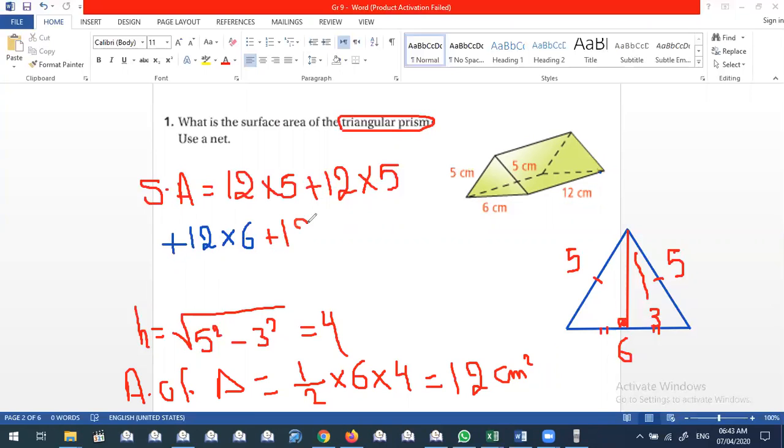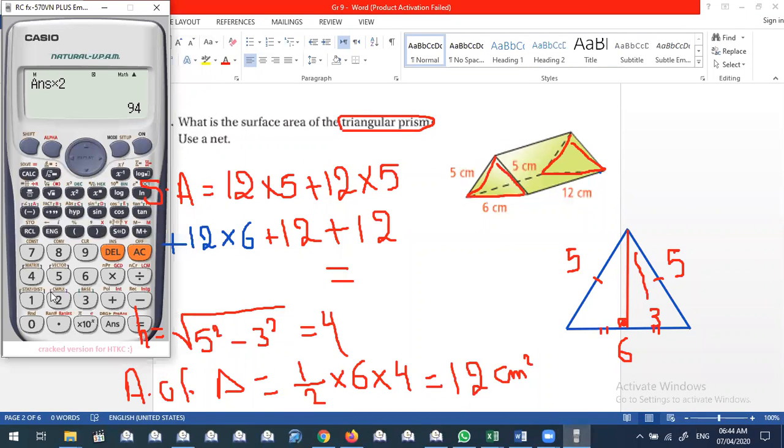Now we have the area of the triangle, so I will add it here: 12 plus 12 again, because we have two triangles, this one and the other one opposite. Let's find the surface area of this solid. It will be 12 by 5, 60.